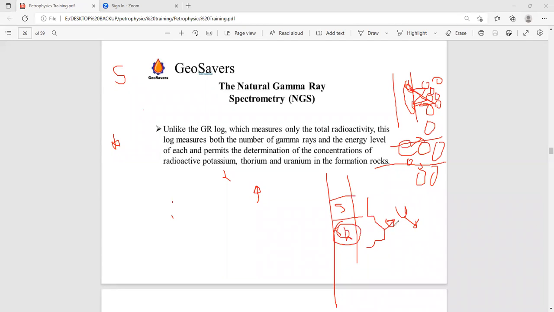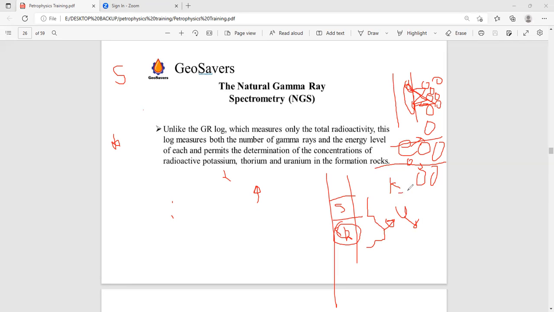Uranium is one of the main elements that causes that difference between sandstone and shale, because it may be difficult to distinguish between the potassium content of sandstone and shale. We may have a sandstone that is rich in feldspar, which we call feldspathic sandstone. You may have clays in shale that have high potassium content.